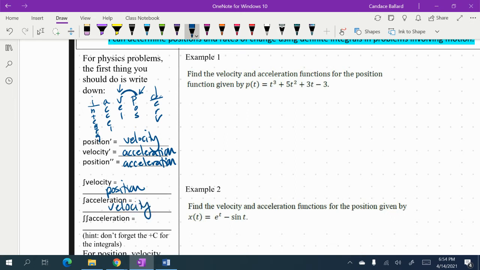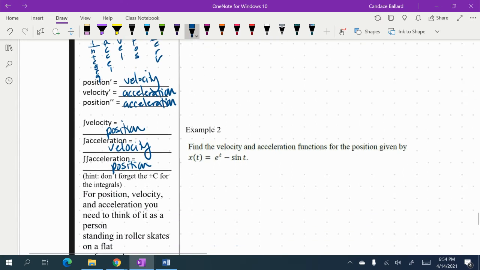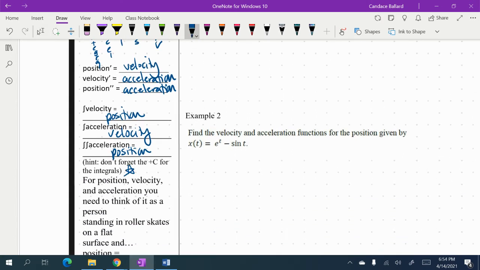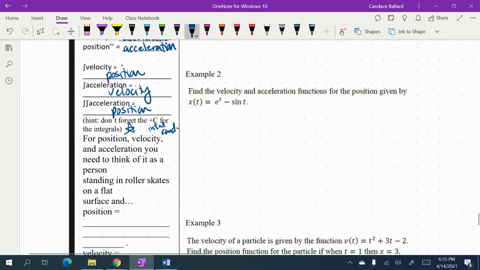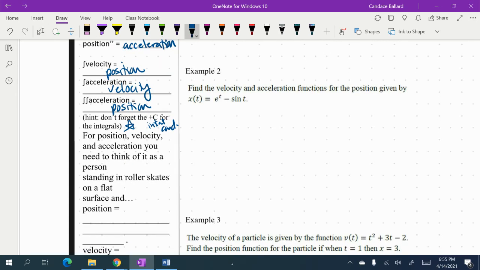And when we integrate twice on acceleration, we get ourselves back to position. You want to make sure you don't forget your plus C's for your integrals. A lot of times in these, we will have an initial condition, which we'll get to. If there isn't, that would really be replacing our plus C's.